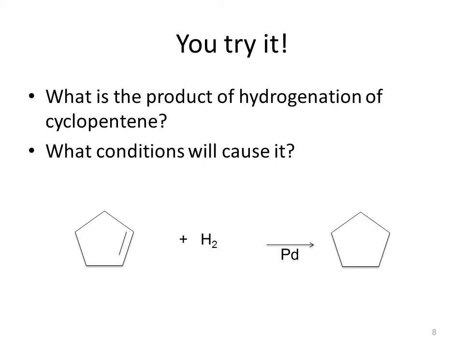Now we're going to write the conditions that cause it. We can write hydrogen above the arrow, or you can write it so that it says cyclopentene plus hydrogen, and then have the palladium by itself with the arrow. It's written both ways.